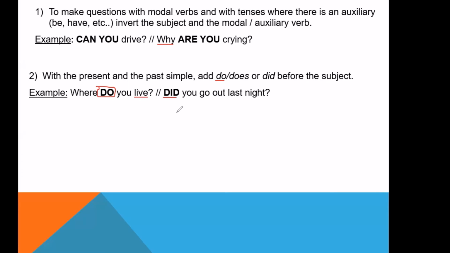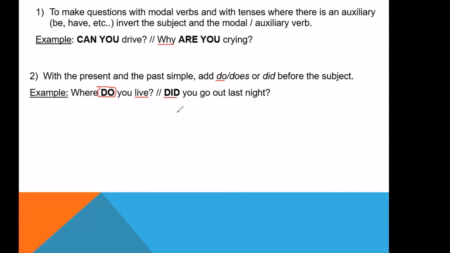So we are going to use did for all the subjects, for all the persons, with the exception of do, that we have does for he, she, and it. So with the present and the past simple, add do, does, or did before the subject.